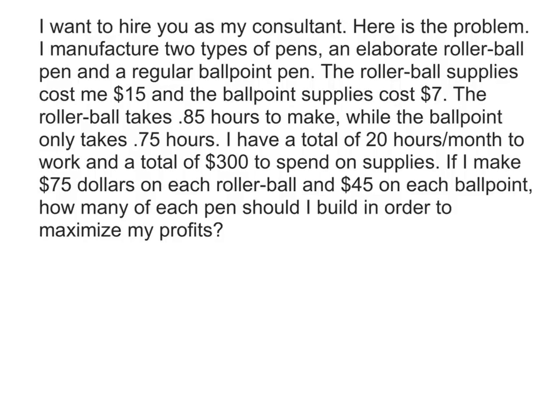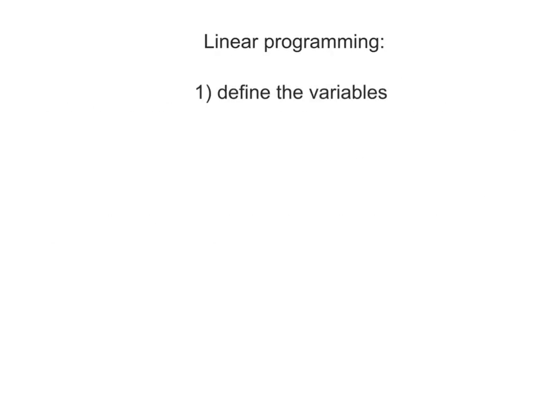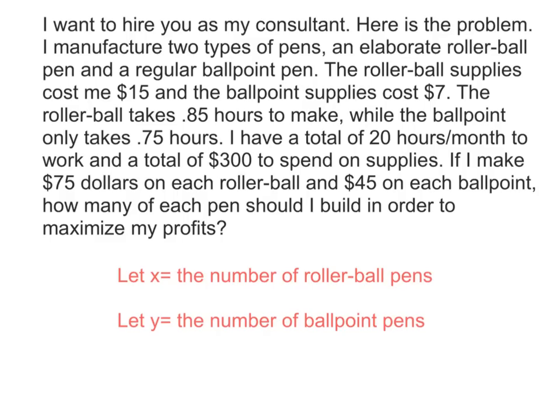So this should look very similar to the problems that we were doing last week, where we took a real-world problem and we were building equations and inequalities from those problems. So like the problems last week, the first thing that we need to do is define our variables. So we look at the problem and we see, what are we interested in?